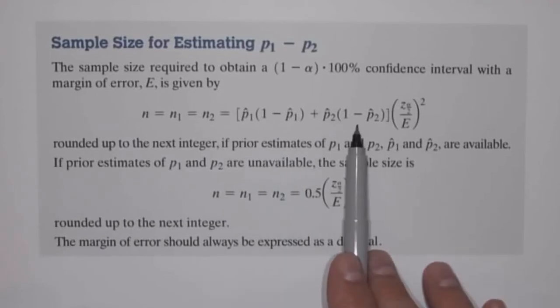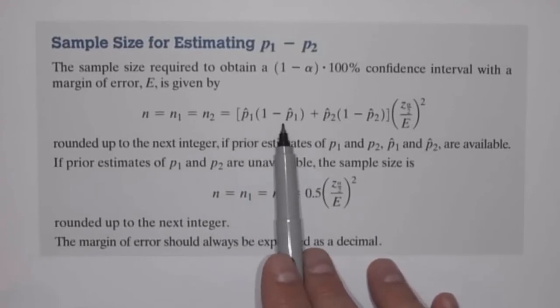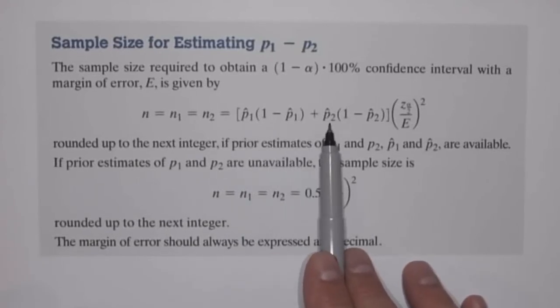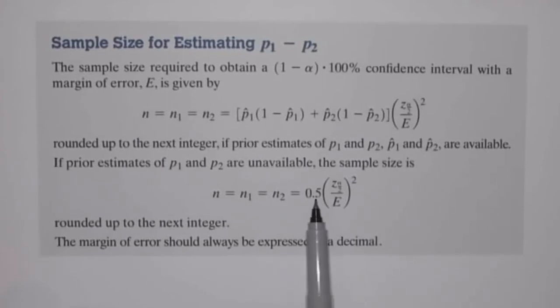So that's where that's coming from, and that's the maximum value that p hat 1 times 1 minus p hat 1 plus p hat 2 times 1 minus p hat 2 could possibly be. Again, that's very much like when we used 0.25 in this position when we were dealing with a single proportion. And again, we're going to round up to the next integer.